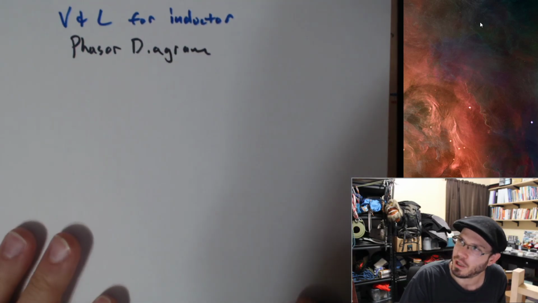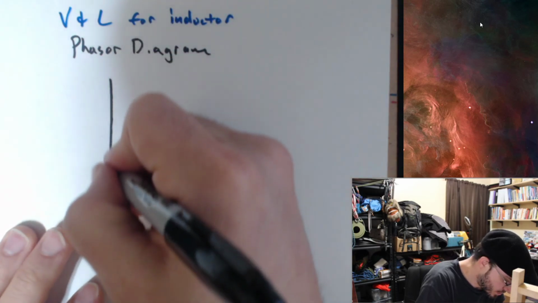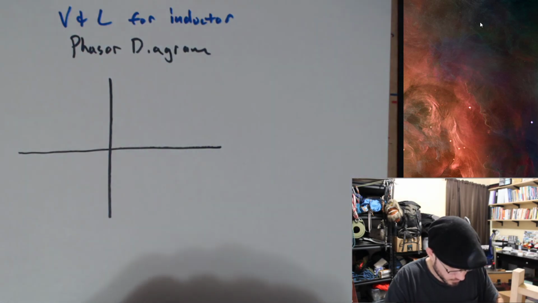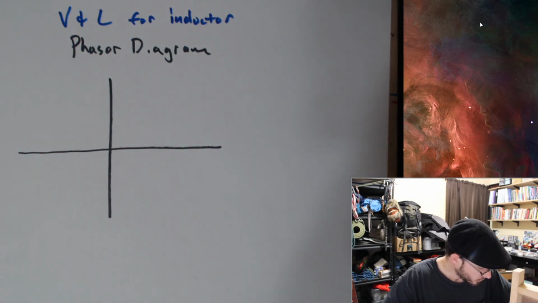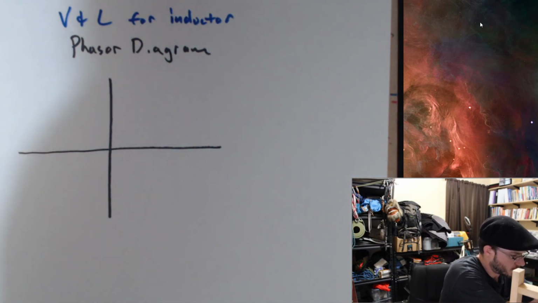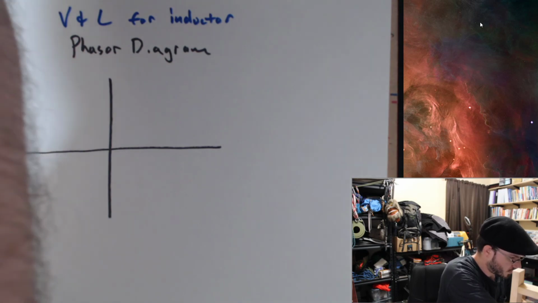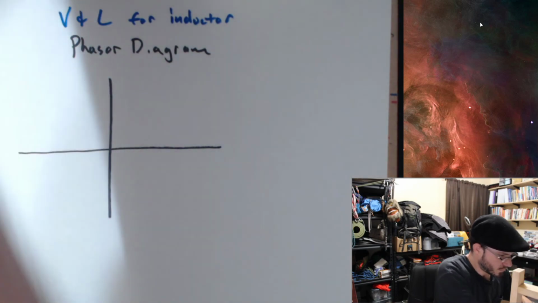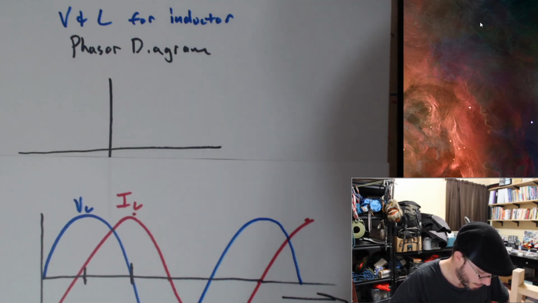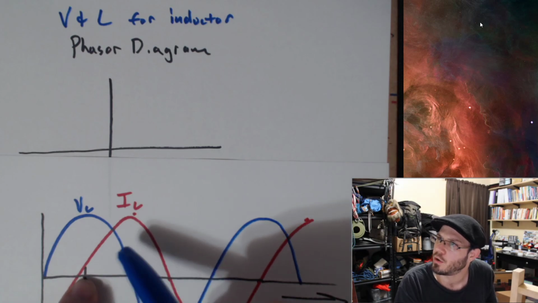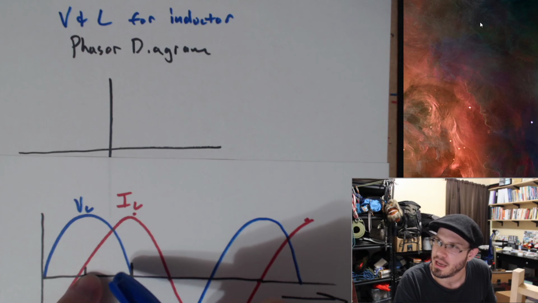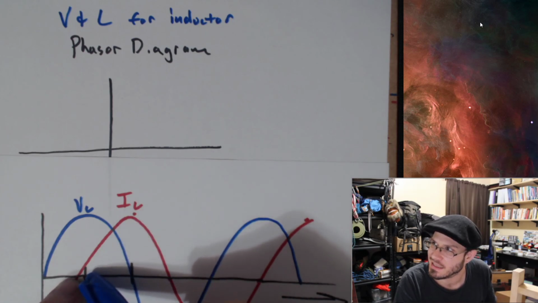Because if we go ahead and plot our phasor diagram, notice if we just pick any point in time, let's go with here where I is at 0.